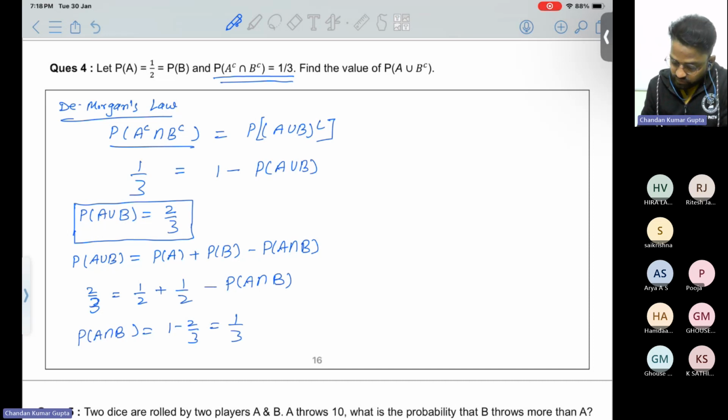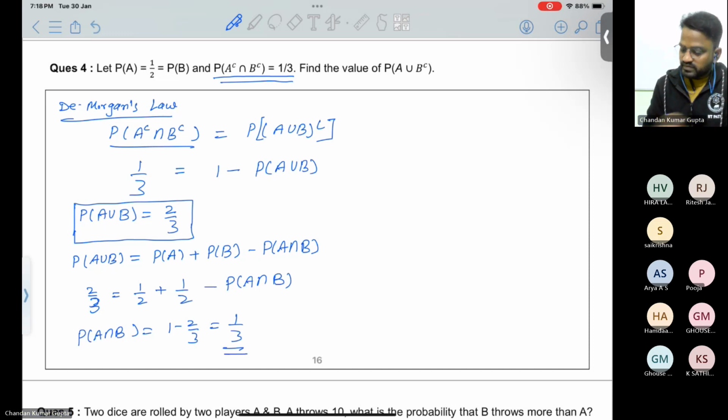So we have calculated the probability of A union B and the probability of A intersection B.